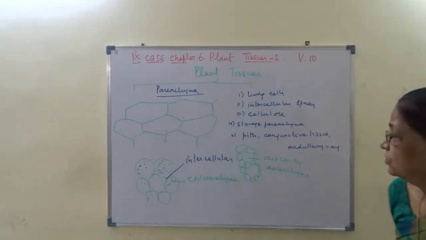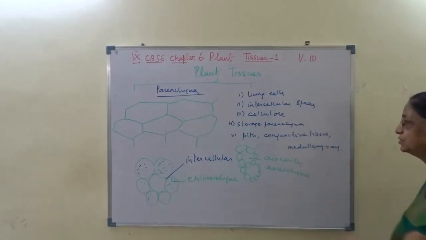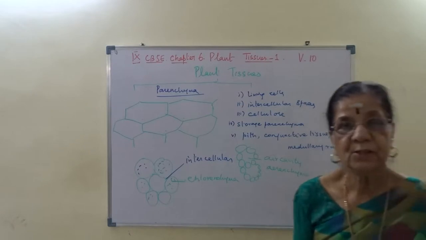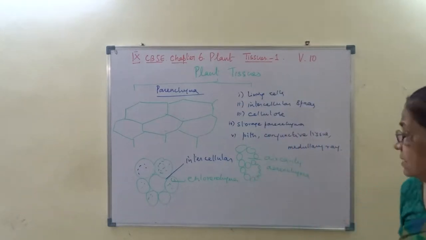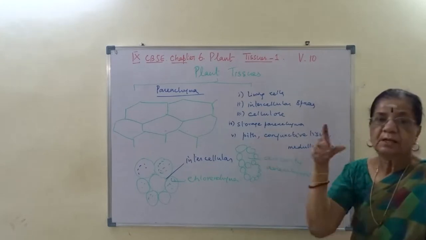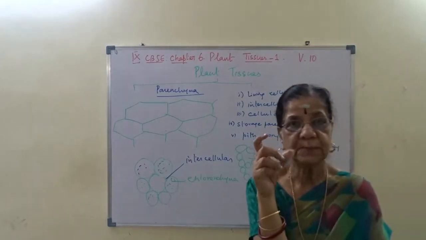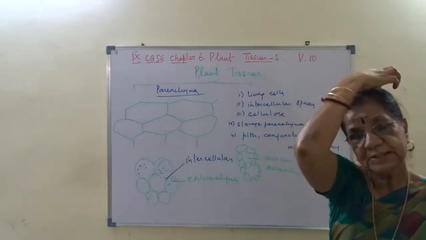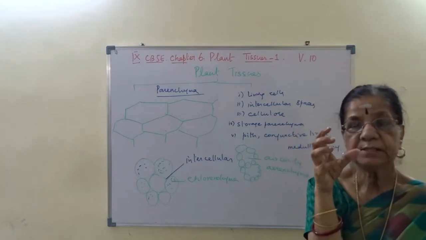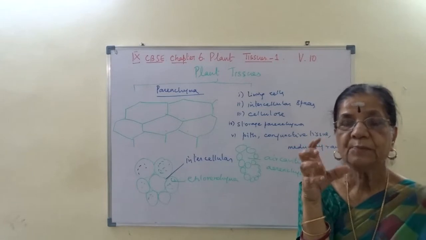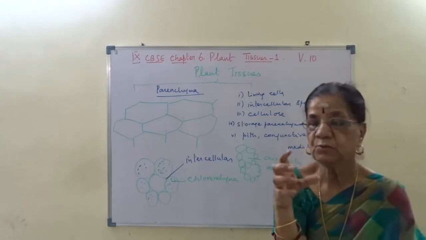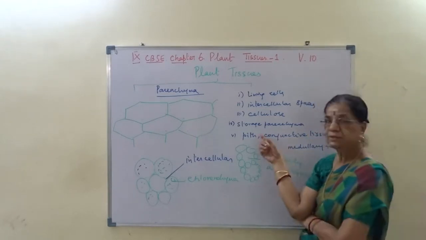So that is called conjunctive tissue, pith and medullary ray. What does it mean? In the dicot stem, the center part within the vascular tissue is occupied by parenchyma tissue. That is called pith.